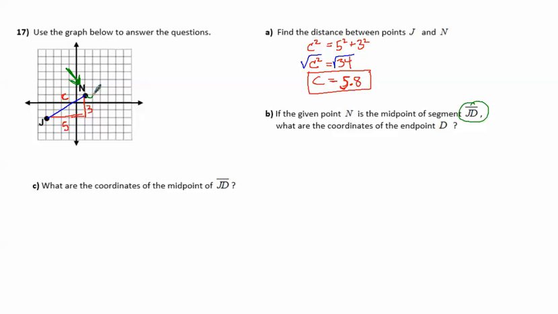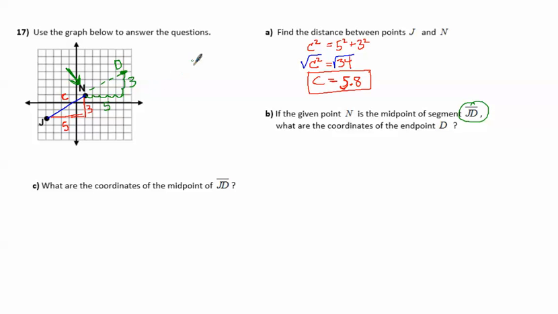You go 5 over again, 1, 2, 3, 4, 5 again, and then up 3. And that should show you how this line extends, and you have found your point D.